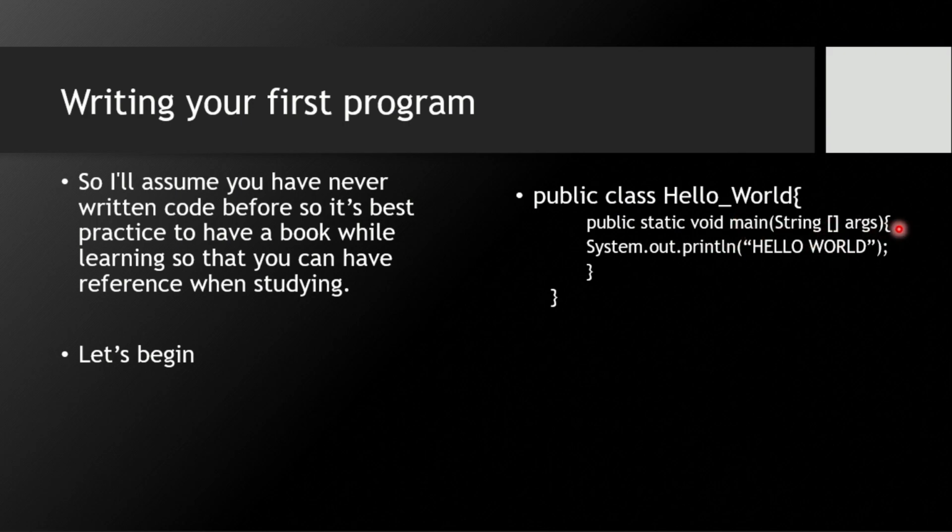With that being said, we open this curly brace again, and we encapsulate this line of code within this method. This method starts from here and ends here, whereas this class opens here and ends way over there. So we have System.out.println("Hello World").